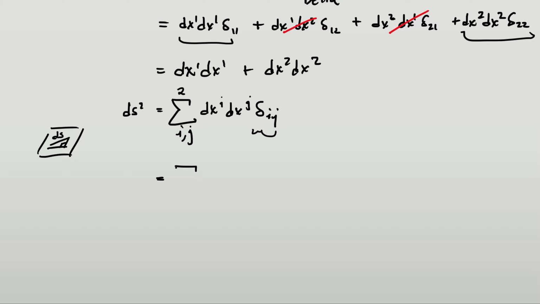In physics, this is translated to dxi dxj, and then we have this eta ij. Again, we're summing over i, and we're summing over j, and we're going to 2. This right here is the Minkowski metric.